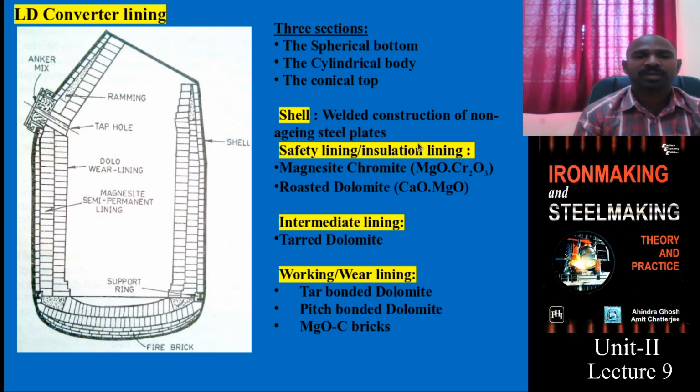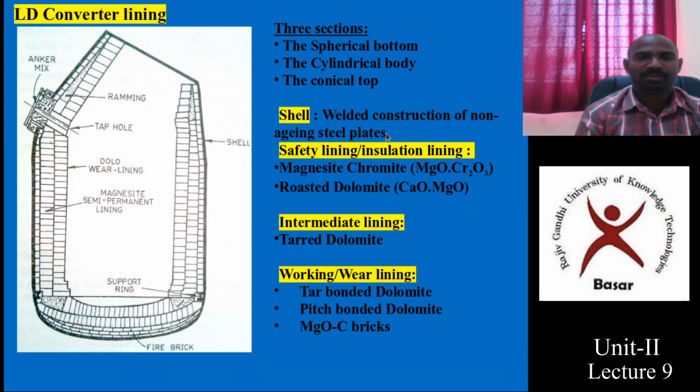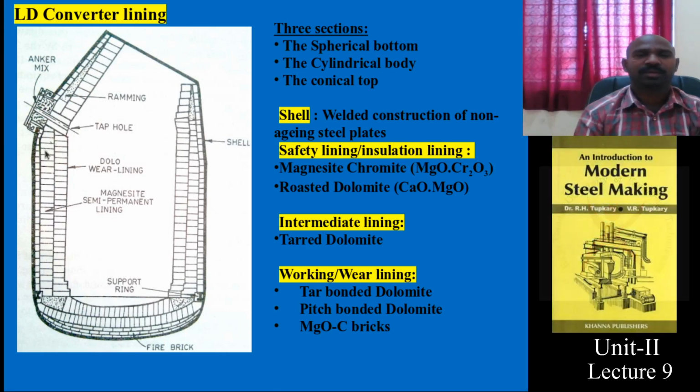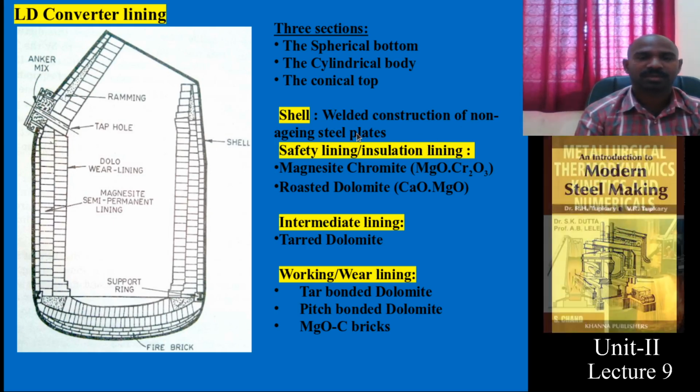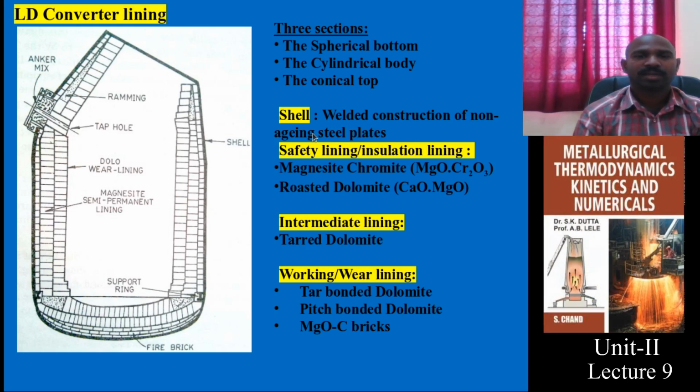The advantage of non-aging steel, which is low carbon steel, is that you get good formability. You can take out this entire sheet, this cylindrical part, and make a sheet without any defects. That is one more advantage of non-aging steels, which have good formability.